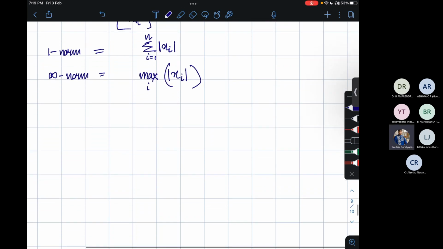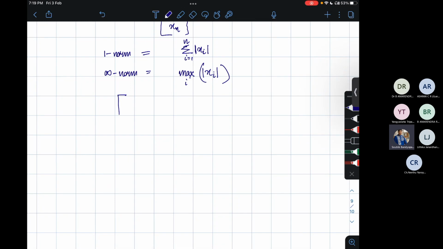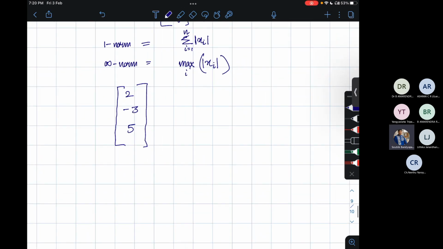So let's look at an example to understand. Let's say you have this vector, 2, minus 3, 5. What is the one norm? One norm is the sum of all the absolute values.